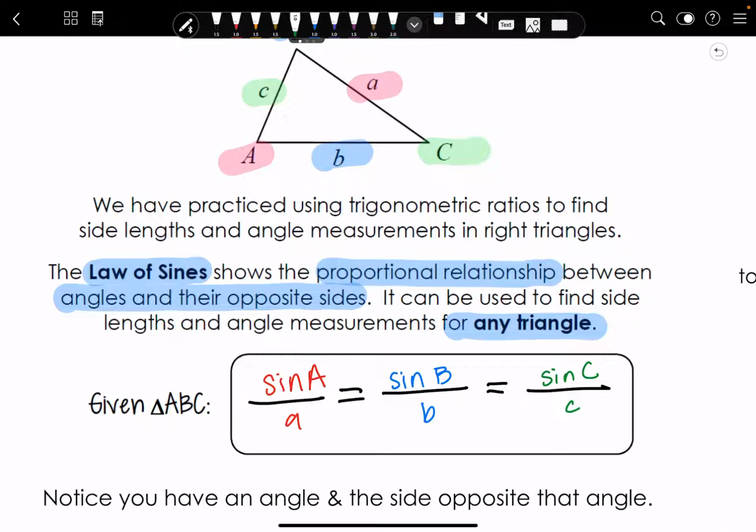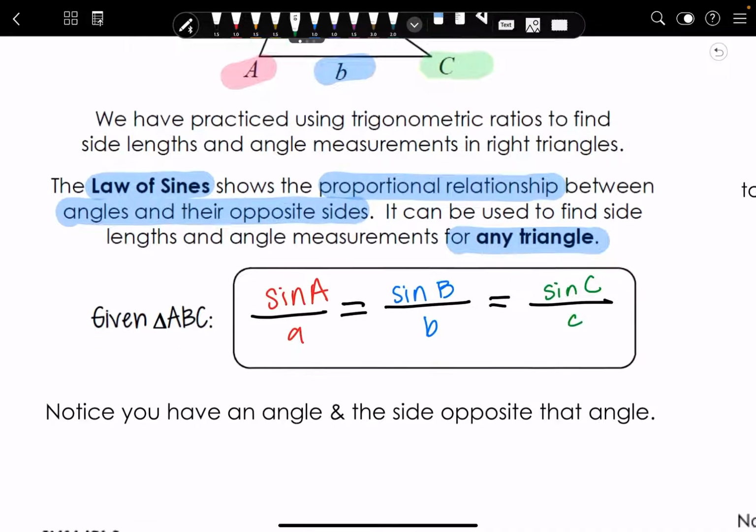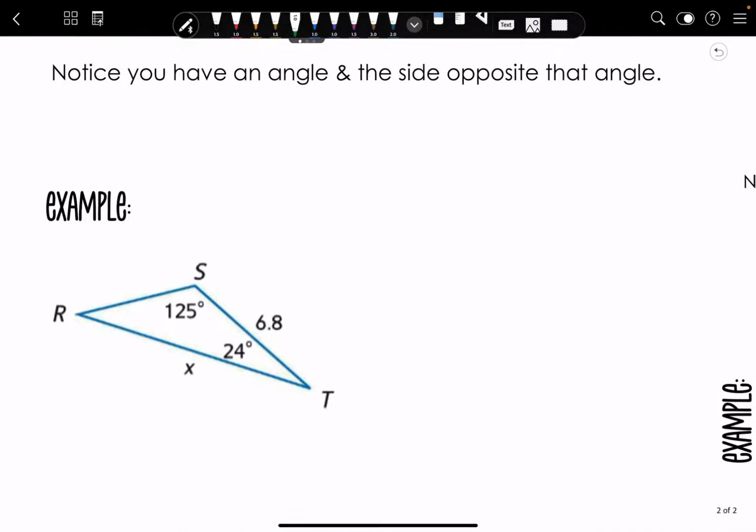So whatever is opposite that angle is the side length right under it. A, B, C, you go in order. It's an extended ratio.